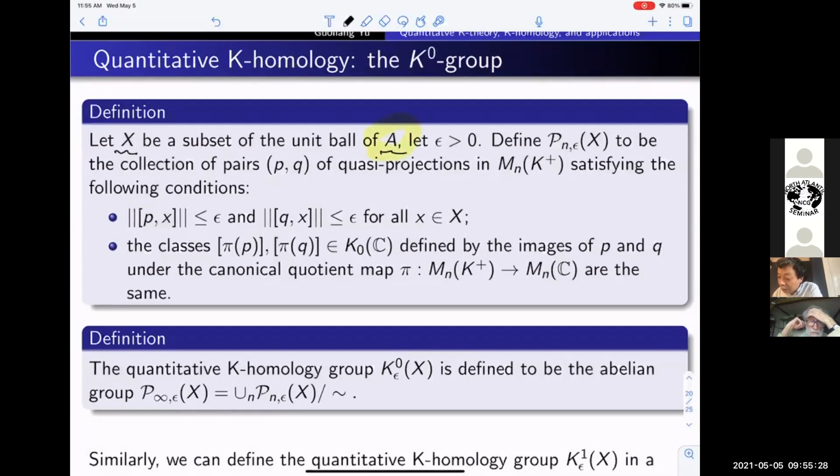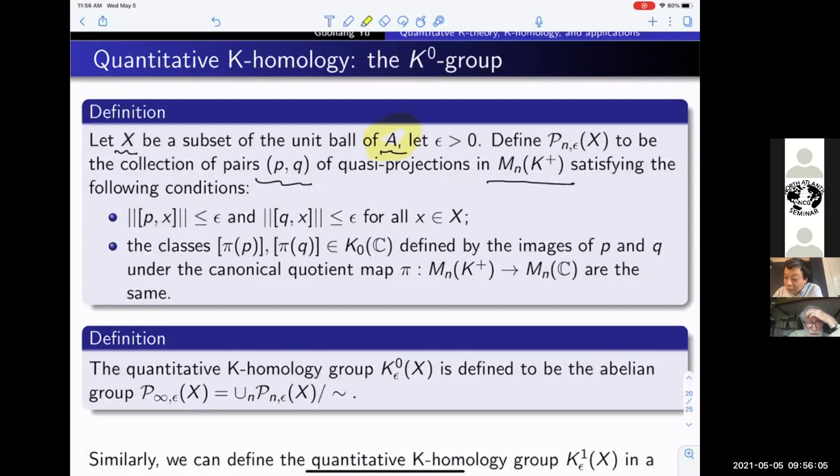It's represented by a pair of quasi-projections. K is just the algebra of compact operators, with a unit adjoined. So essentially what we need are just a pair of projections in the unitized compact operators. But how are they related to X?